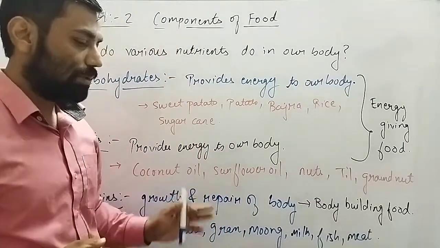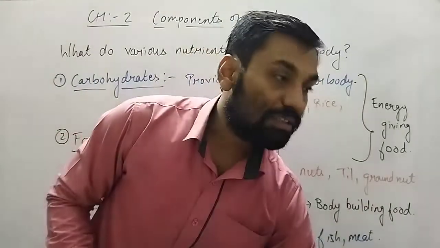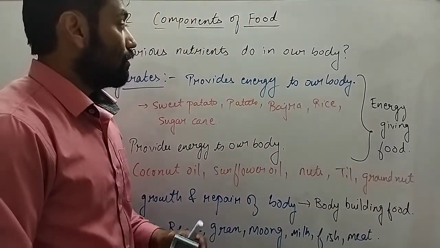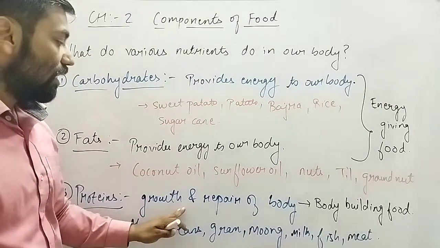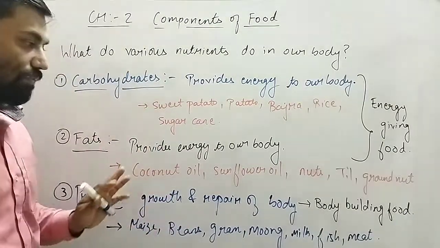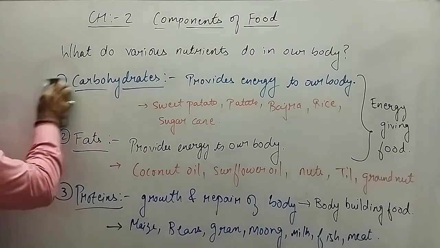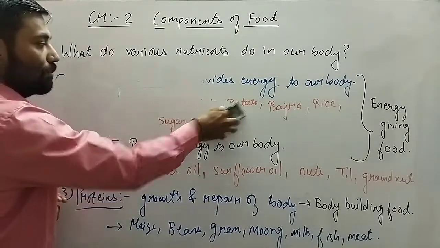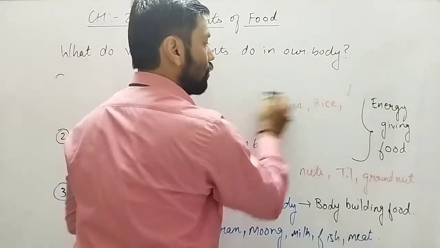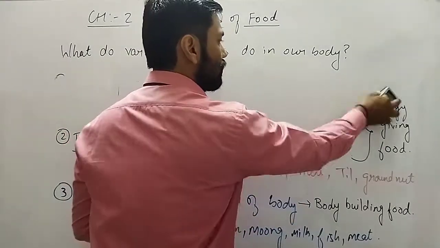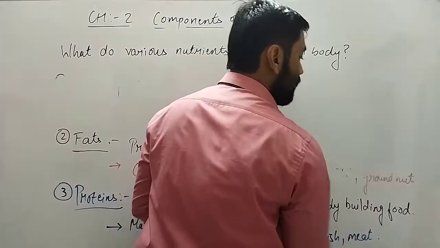So we have discussed the various nutrients, what they do in our body, and what their sources are. Now I'll move to the other nutrients, that is vitamins and minerals. What do vitamins do in our body? As we have seen, vitamins are generally obtained from vegetables.